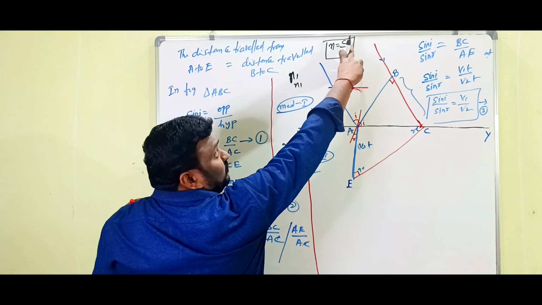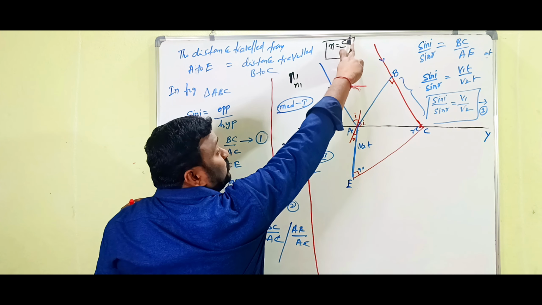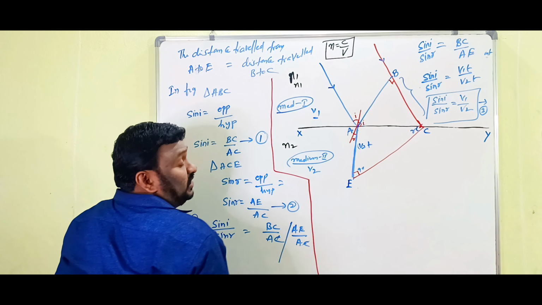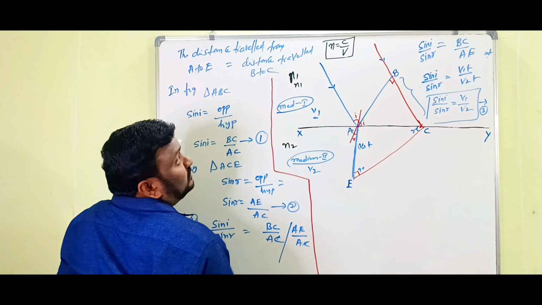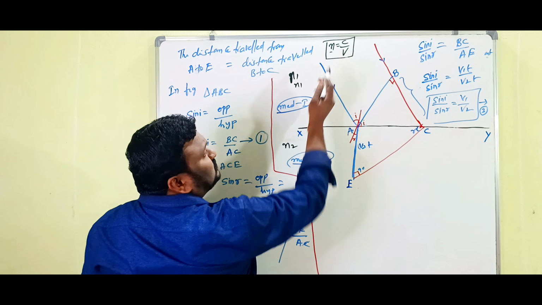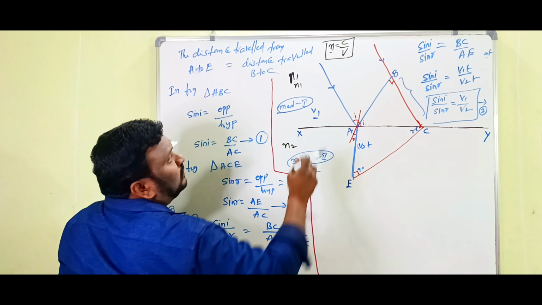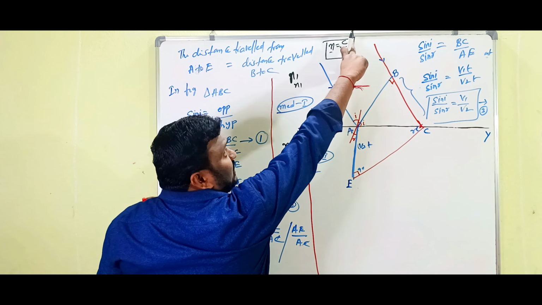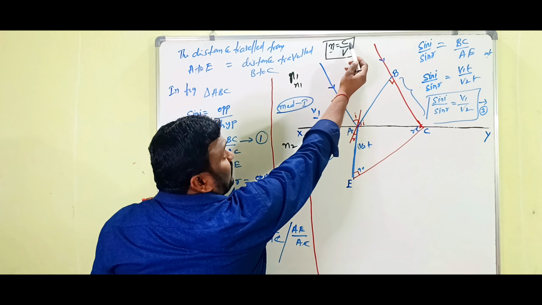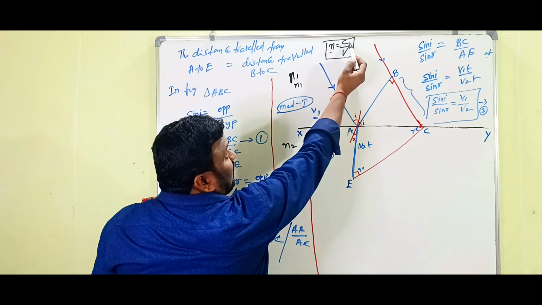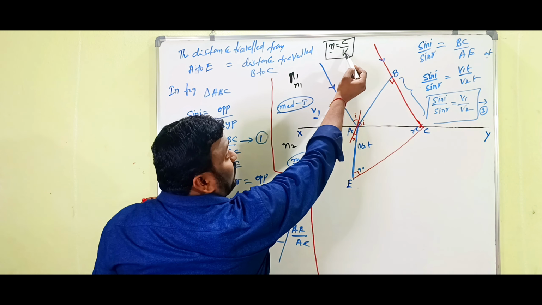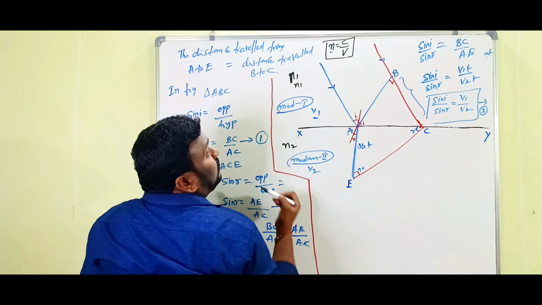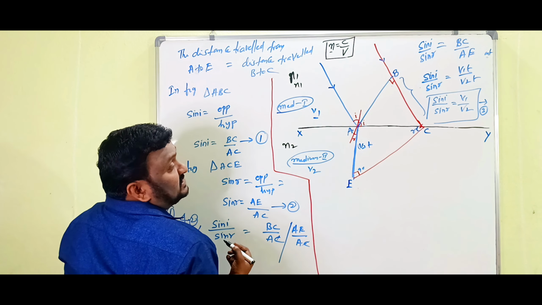The ratio of velocity of light in vacuum to the velocity of light in the medium is called the refractive index of the medium. That is simply what we call absolute refractive index. The ratio of these two is called absolute refractive index.